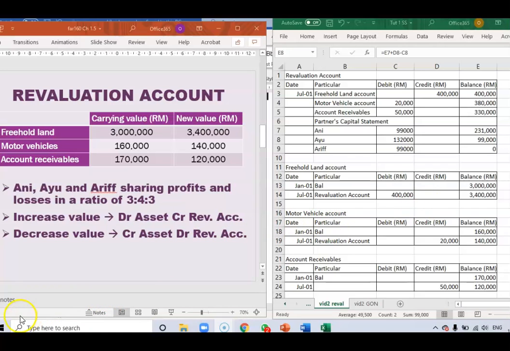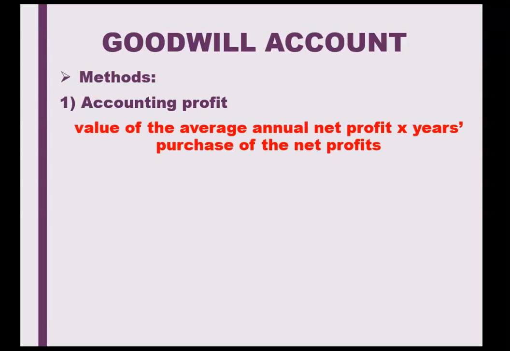Okay, next we move on to the goodwill account. There are three methods of measuring the goodwill in the business. First is the method we call accounting profit. The formula is the average annual net profit multiplied by the years of purchase.